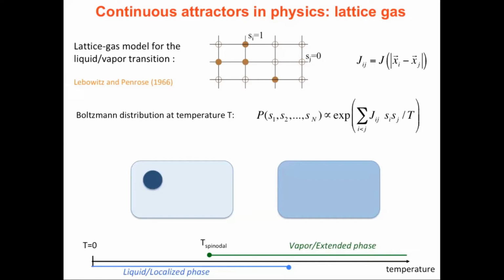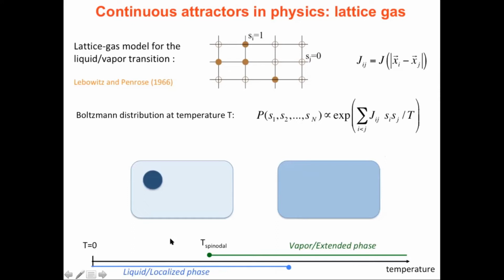So what can we say about this model? That was solved in the case of very long-range interaction by Lebowitz and Penrose. And what you get is a phase diagram similar to the one drawn at the bottom of the slide. So at very high temperature, if you look at the profile of density of particles in space, then it's uniform. So you have a vapor phase which is homogeneous in space.